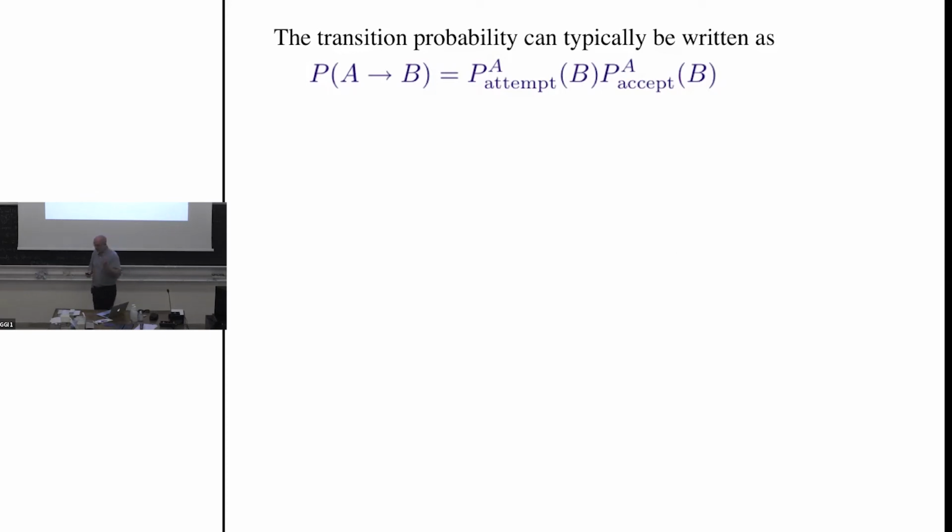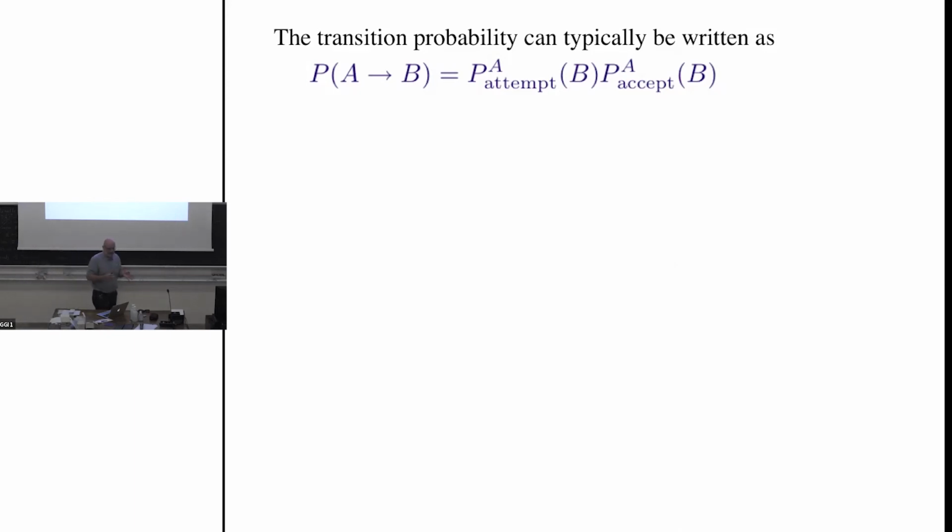So the probability of picking a specific one we can call P attempt. A is the configuration I'm in, and B is one of the configurations where one spin is different. So I have flipped one spin. The attempt probability is just going to be 1 over n.